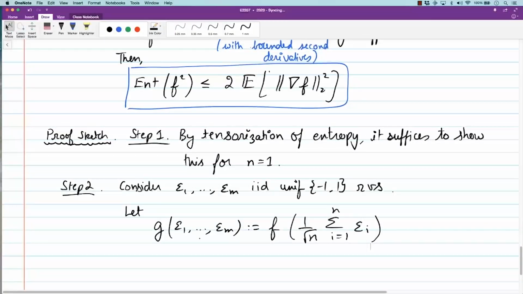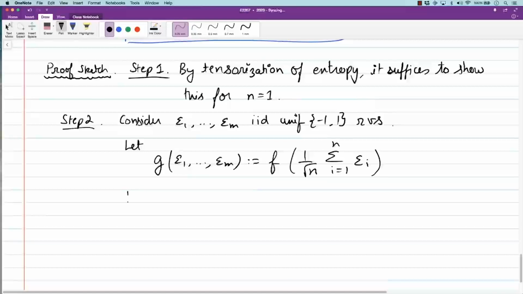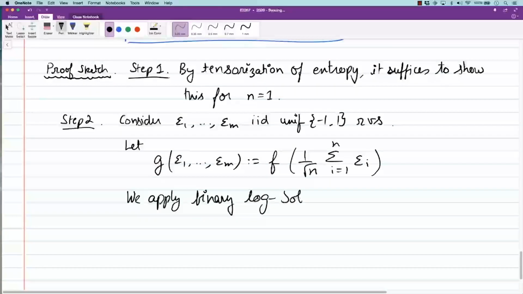And we apply the binary log-Sobolev inequality to g.